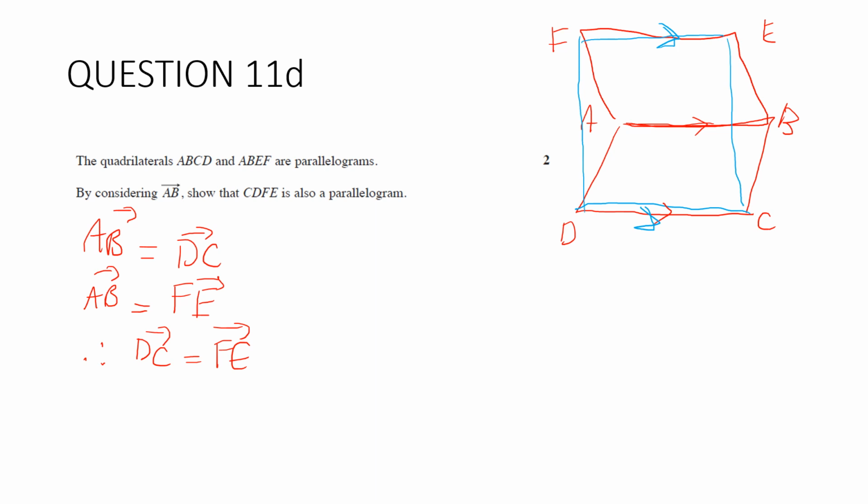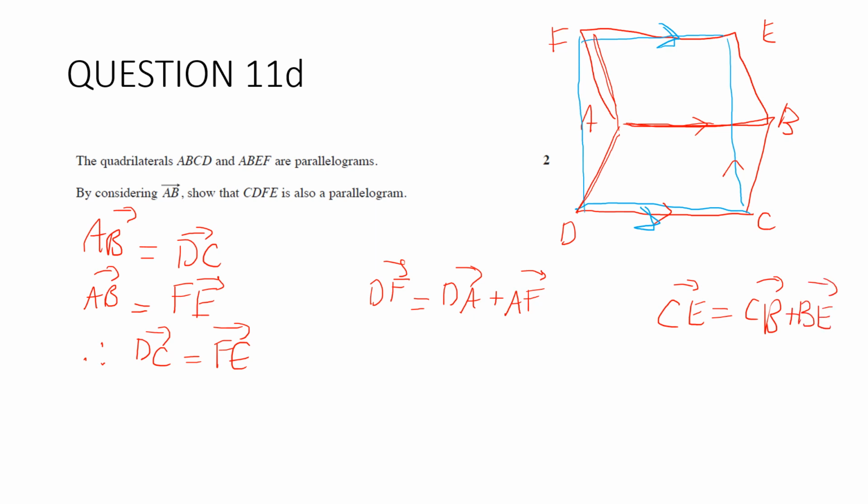I think we might make a vector equation. So we'll say DF is equal to DA plus AF, and similarly CE is equal to CB plus BE.